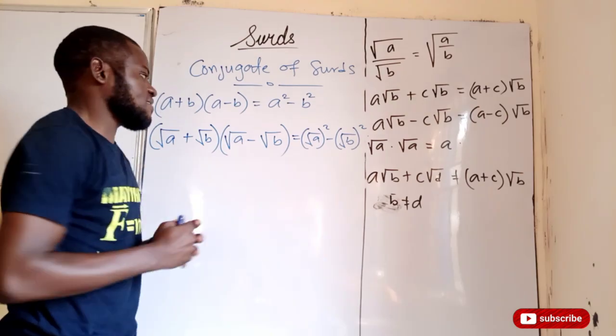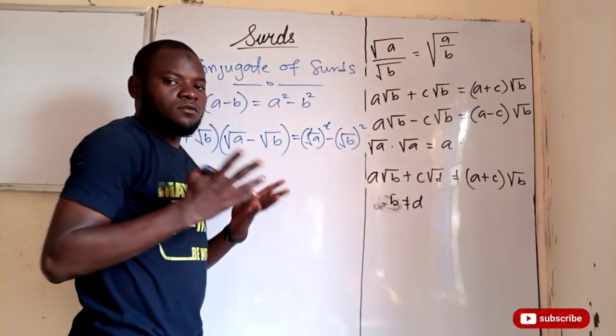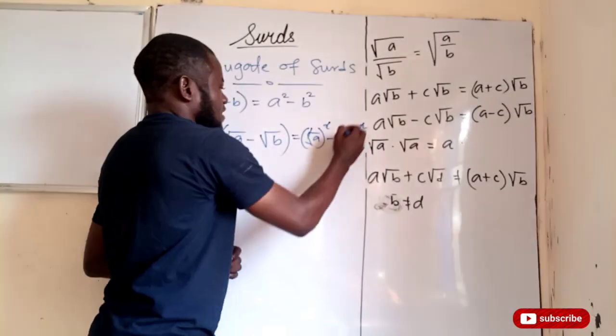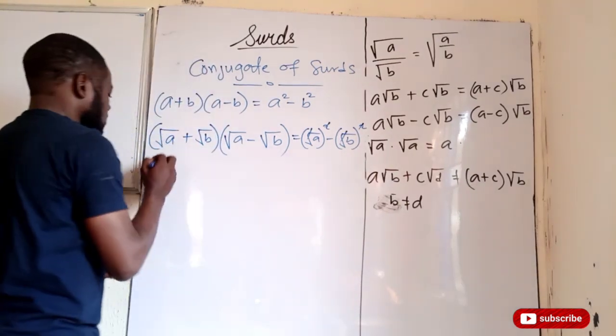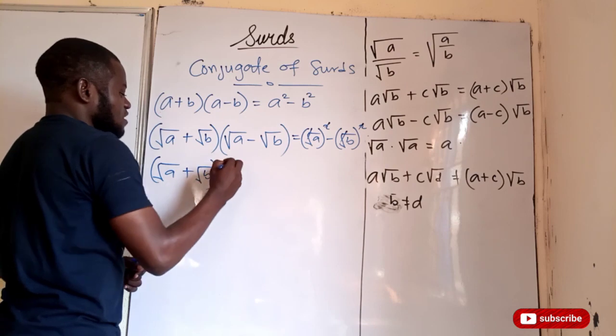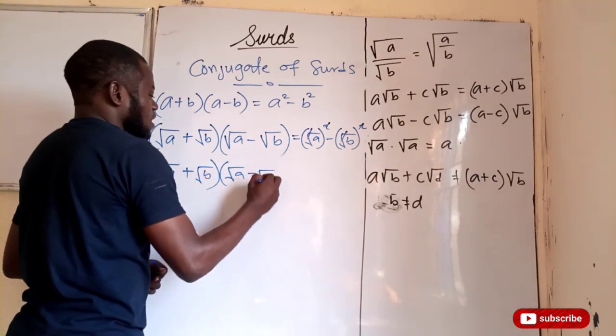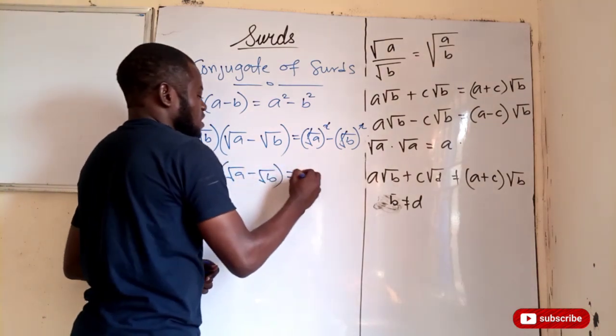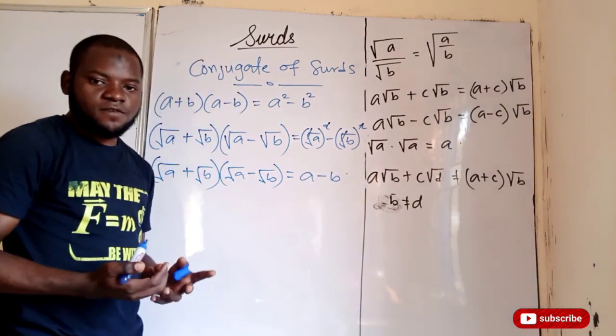If that should be the case, this and this would cancel, and this and this would cancel. Hence, the square root of a plus the square root of b times the square root of a minus the square root of b is a minus b.